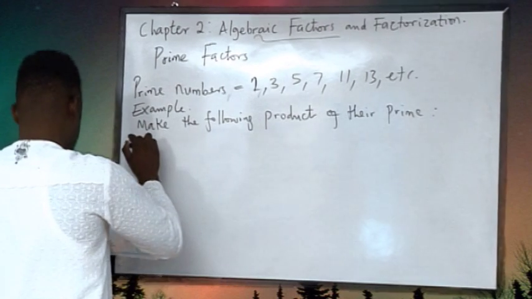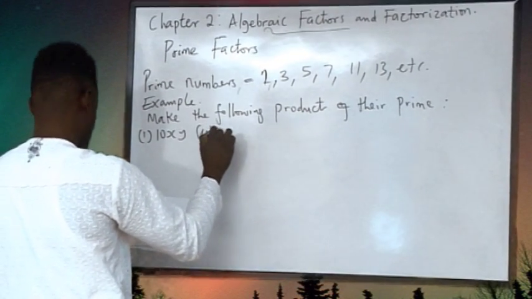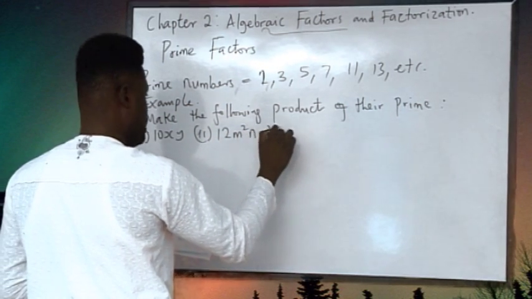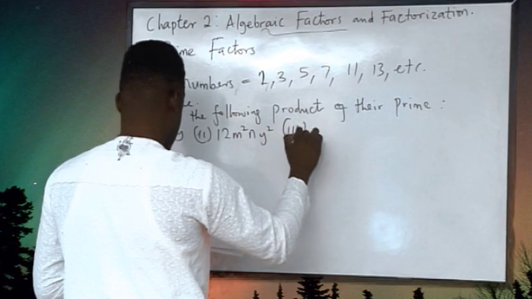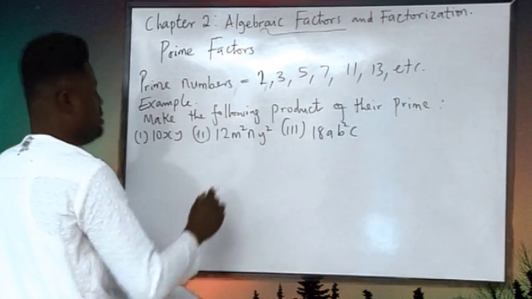Let's look at them. Number 1, 10xy. Number 2, 12m squared n y squared. Number 3, 18a b squared c. Solution.